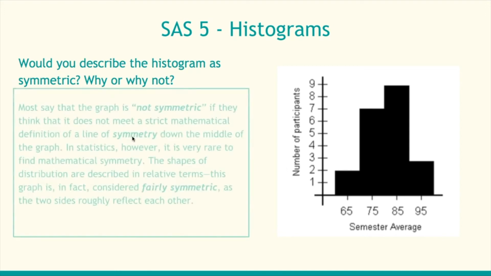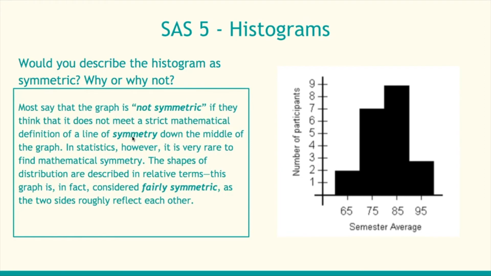To the left. Most say that the graph is not symmetric if they think that it does not meet the strict mathematical definition of a line of symmetry down the middle of the graph. In statistics, however, it is very rare to find mathematical symmetry. The shapes of distribution are described in relative terms. This graph is, in fact, considered fairly symmetric, as the two sides roughly reflect each other.